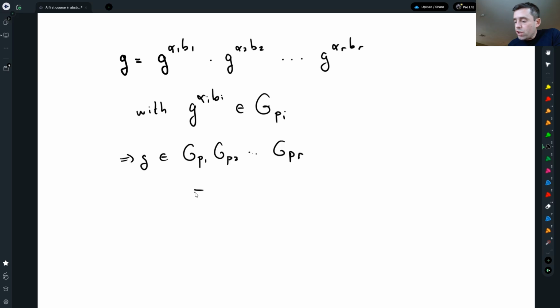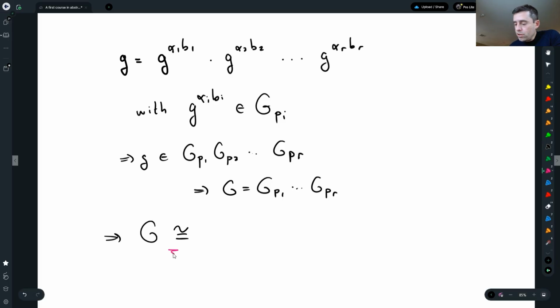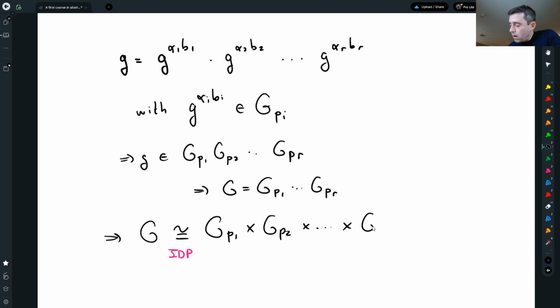And that shows that G is the product of all the p-primary components. And that concludes the proof that G is then the internal direct product of its p-primary components, G_p1 cross G_p2 through G_pr, which is what I wanted to show.